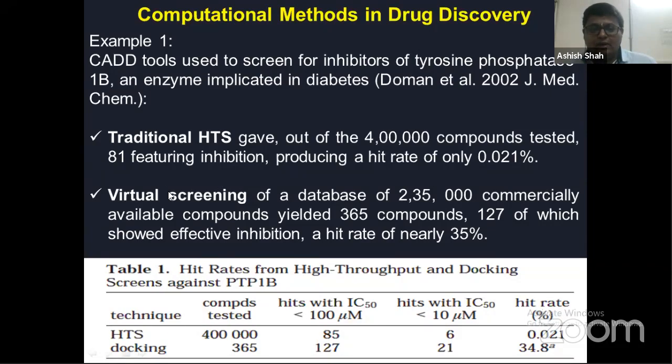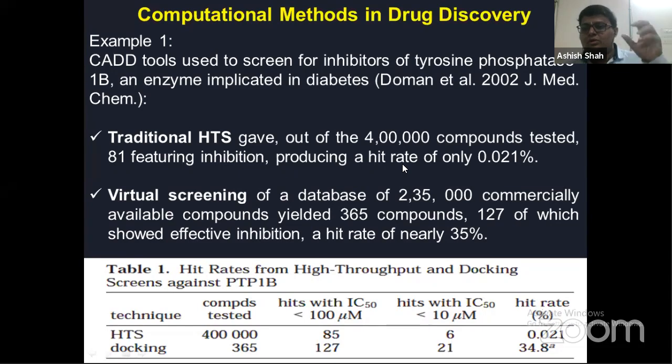Now, for virtual screening using in silico methods, they started with about 2 lakh 35 thousand compounds. After doing the computational techniques, they did not synthesize the compounds, and they did not test the compounds. Remember this: the computer told them to just go for 365 compounds.